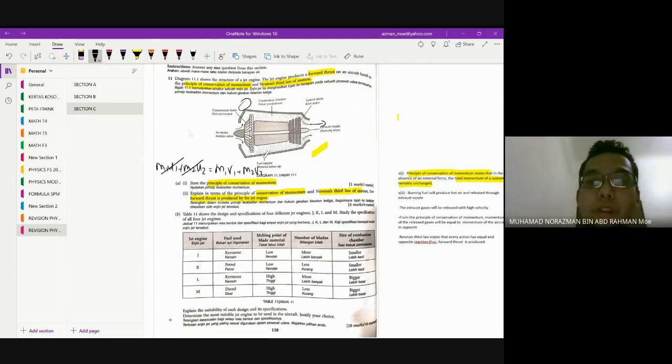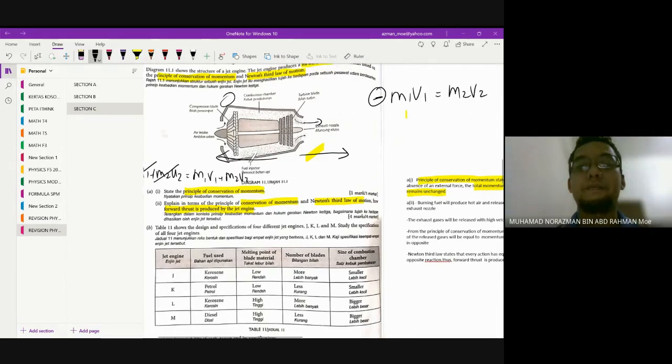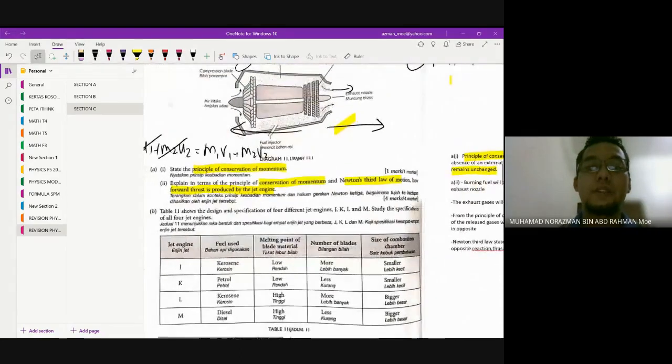So for an explosion, M1 V1 is equal to M2 V2. The negative indicates the direction: the direction of the jet engine and the direction of the gas. The gas will move in this direction, and the aircraft and jet engine will move in the opposite direction. So that is conservation of momentum.